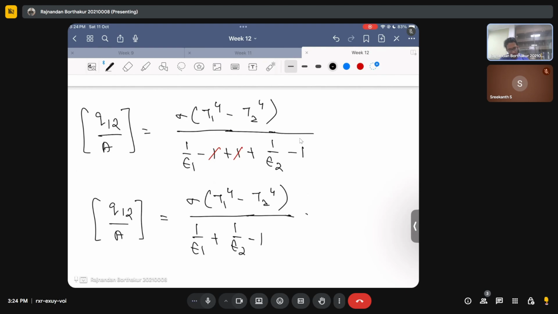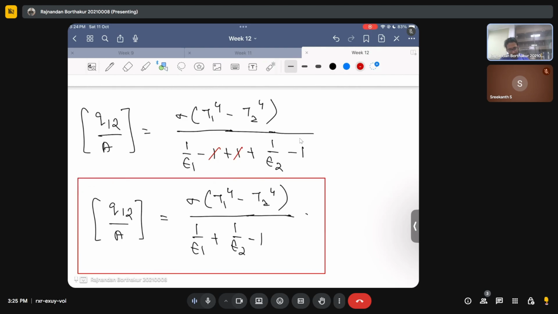That's it. So this is a nice little expression that we got, which you can see now that the net radiation exchange between the surfaces is a function of the individual temperatures. Of course, sigma is a constant, which is just 5.67 into 10 to the power minus 8. And they are also a function of the individual emissivities.